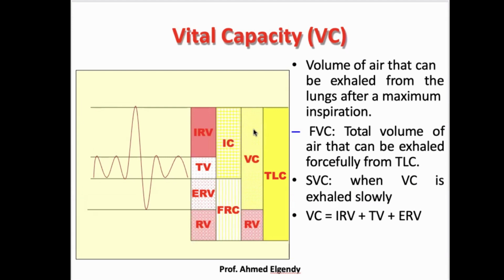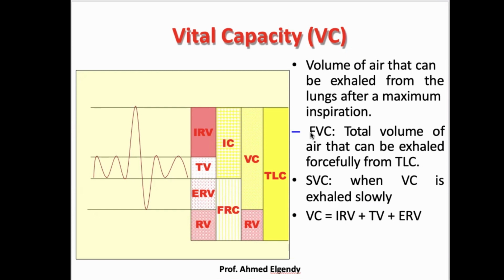This is the VC or vital capacity. So what is vital capacity? Volume of air that can be exhaled from the lung after maximum inspiration. So you take a deep breath and you breathe out everything. That is called the vital capacity or VC.